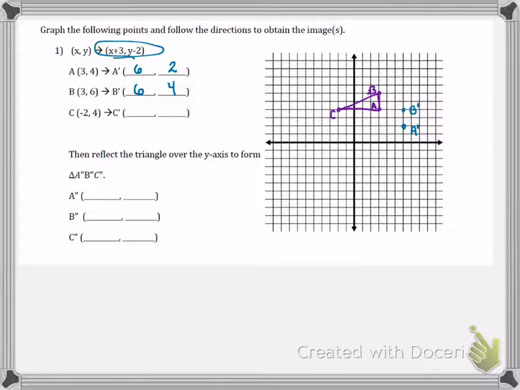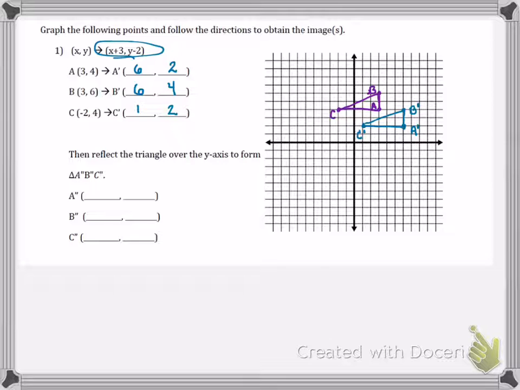And then the ordered pair -2, 4, do the translation to the right 3. So I'm adding 3, and that's going to give me a positive 1. And subtracting 2 from the y will give me a positive 2. So I want to graph the ordered pair 1, 2. And that is C prime, or the image of C. And I connect those and I have my translation.